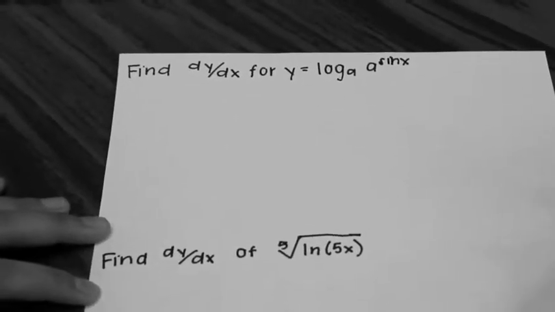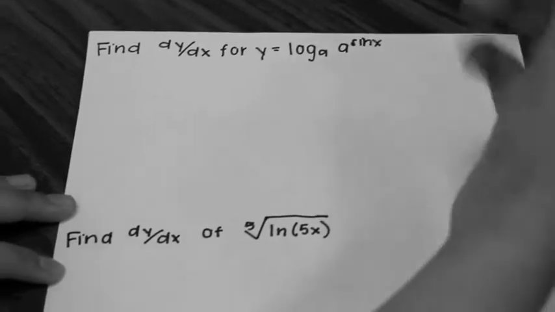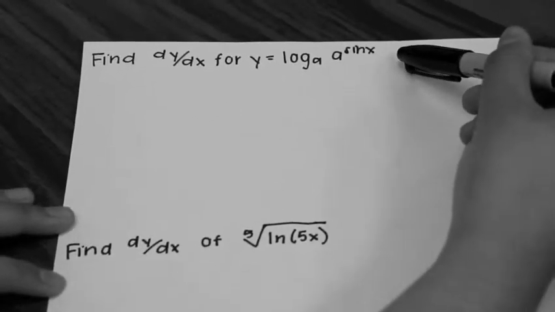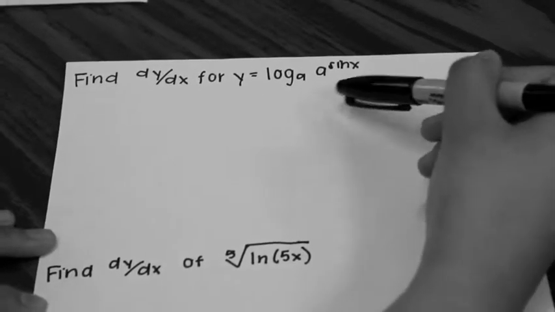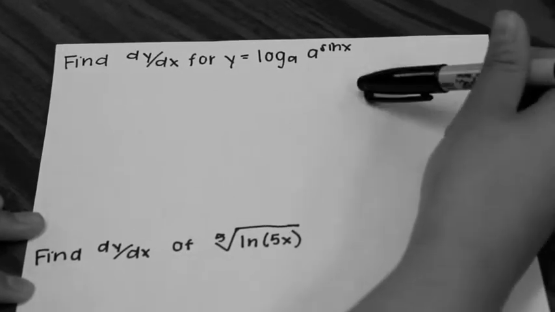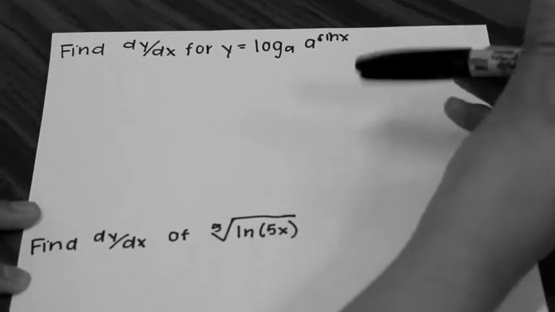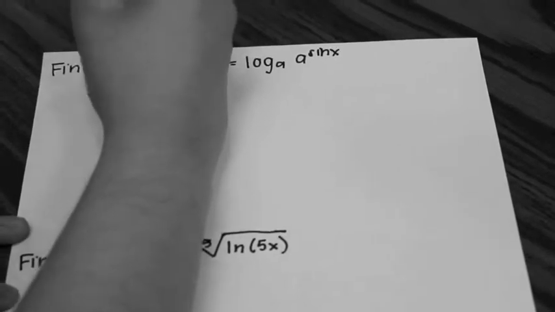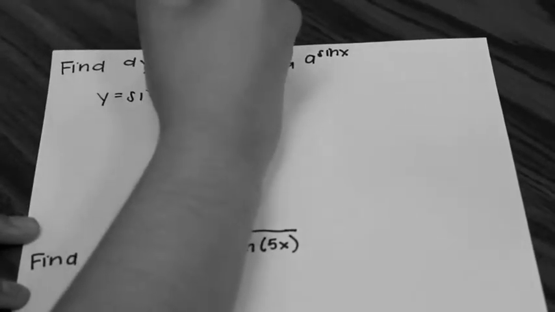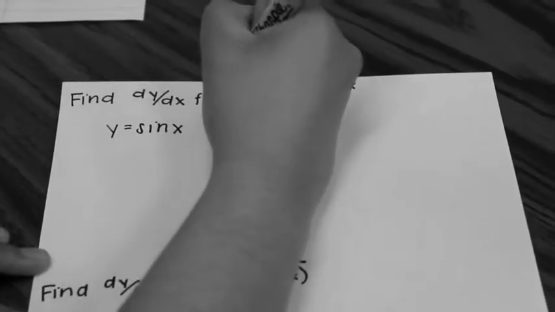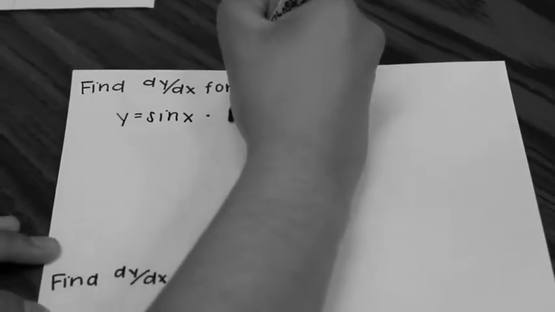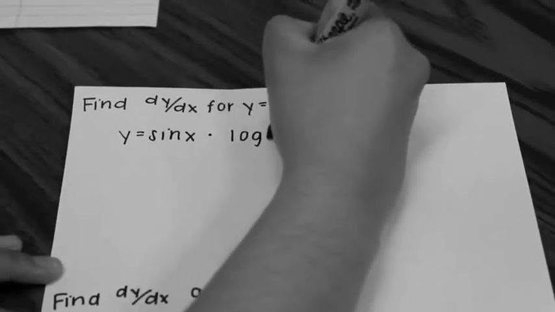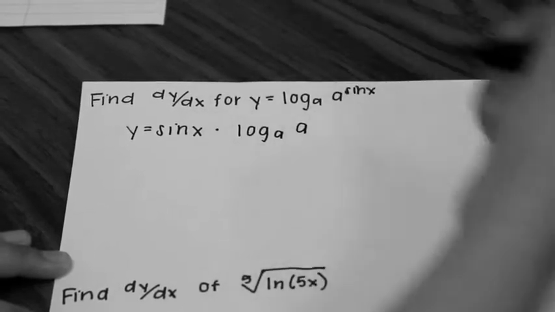Alright, so for our other example, finding the derivative of this equation, what you can do first off is rewrite the equation. You're going to have to know your log properties to be able to do this. So you could rewrite it as y equals sine of x times log base a of a.